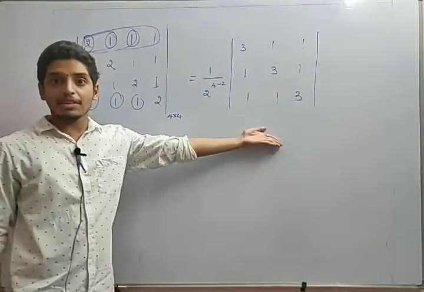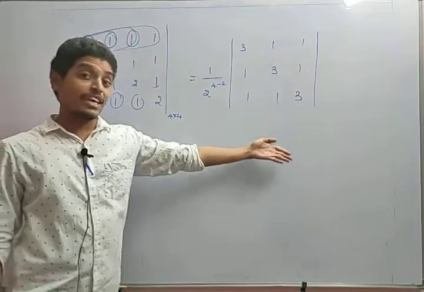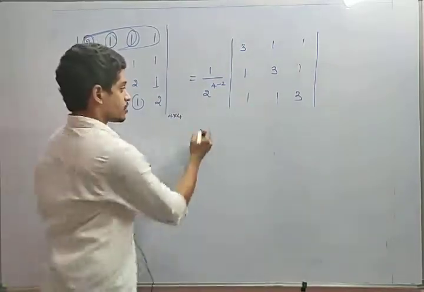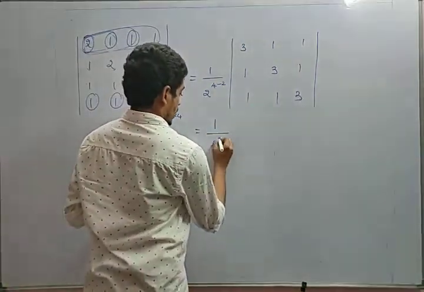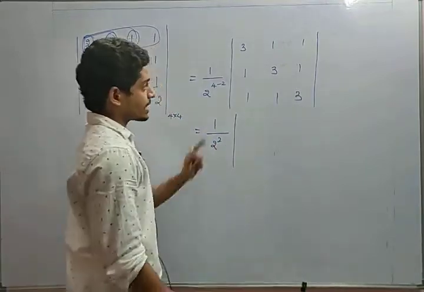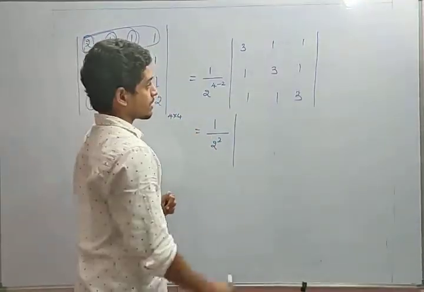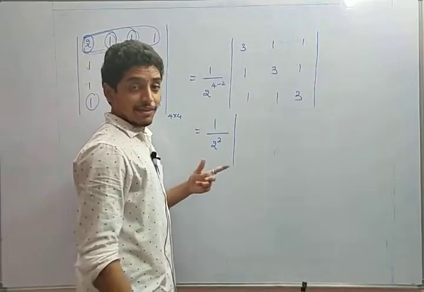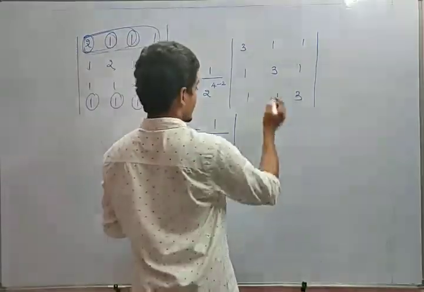Now we got the 3 by 3 determinant. So now it is very easy for us to calculate this, right? So 1 by 2 square into, what is the determinant for this? See, friends, I already told you a shortcut for a 3 by 3 matrix. So how can we calculate?